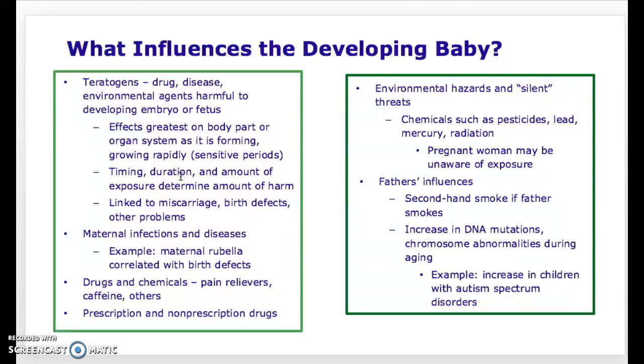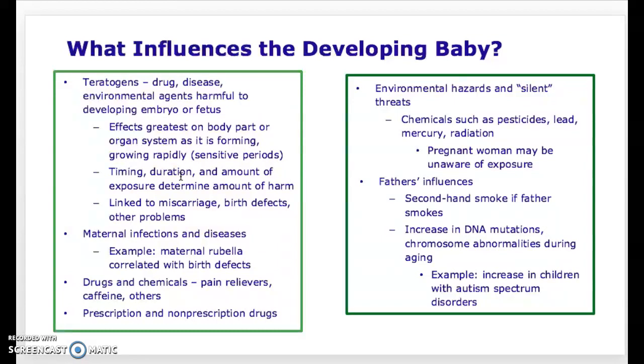So pesticides, lead exposure in the home, mercury, which can be found in fish, and radiation for a woman who may work in a hospital or in an industrial setting where there's a high level of radiation. A pregnant woman may not even be aware of all of those and needs to review these as she's going through a pregnancy.